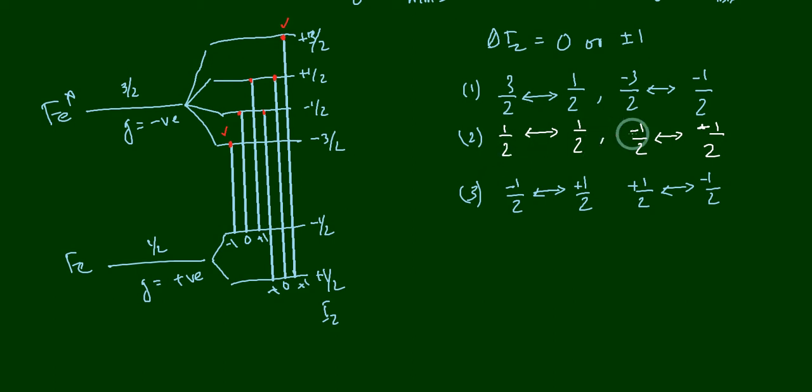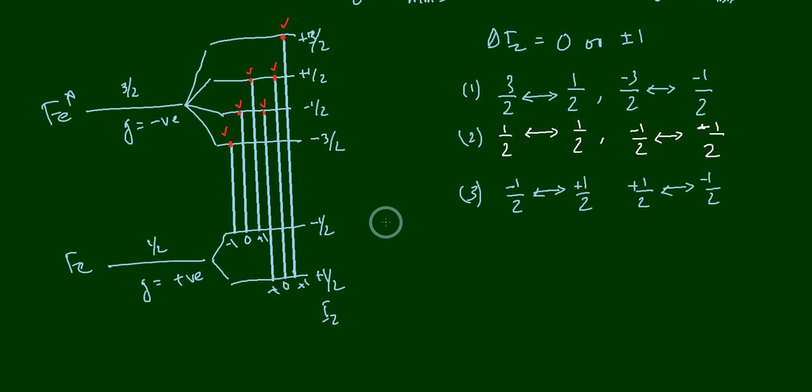If you consider the second pair, both members will also have the same probability. And if you consider the third pair, then these two transitions will have the same probability. So two members in each pair will have the same probability.